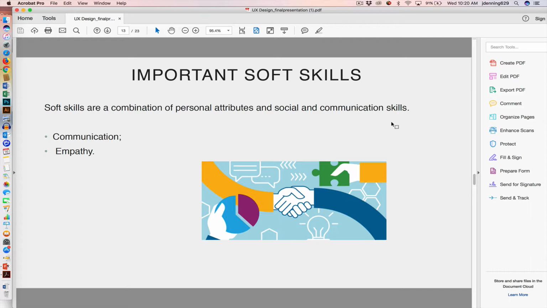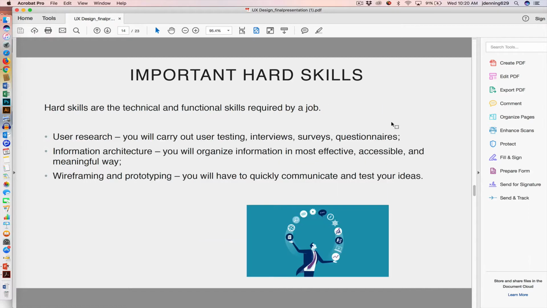Also, soft skills are important. Soft skills are a combination of personal attributes and social and communication skills. Both are important for UX and UI designers. Communication and empathy are important qualities to have when thinking and strategizing about UX and UI. Important hard skills are the technical and functional skills required by a job.